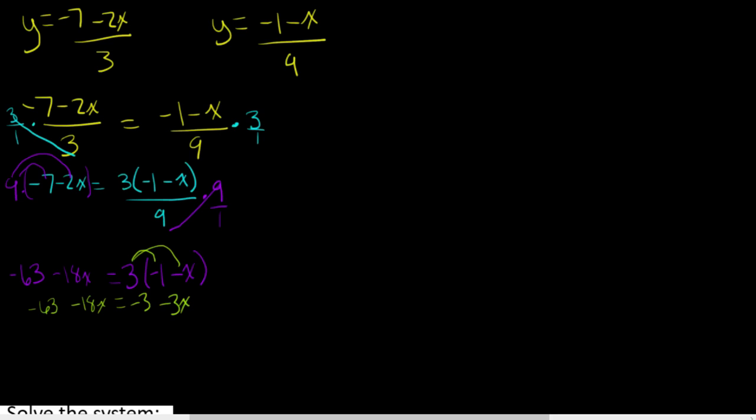And now we want to make sure we have all the x's on the same side. So I'll go ahead and add 18x to both sides. And I'll bring down everything else. These will cancel. Negative 3x plus 18x is positive 15x.